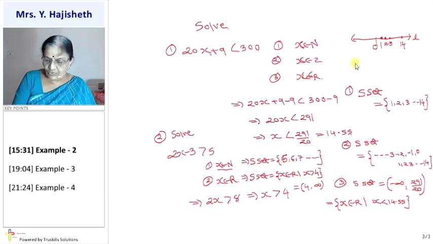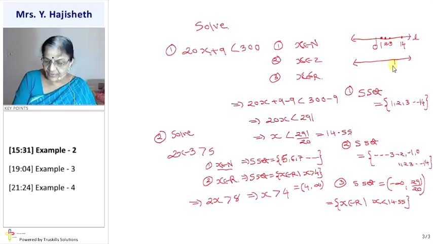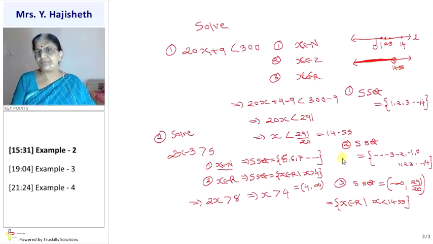Suppose you want to represent them for case number 3, x belongs to R. Then I will take 14.55 hollow point, and all the portion less than 14.55, matlab I should put a dark line from 14.55 onwards.